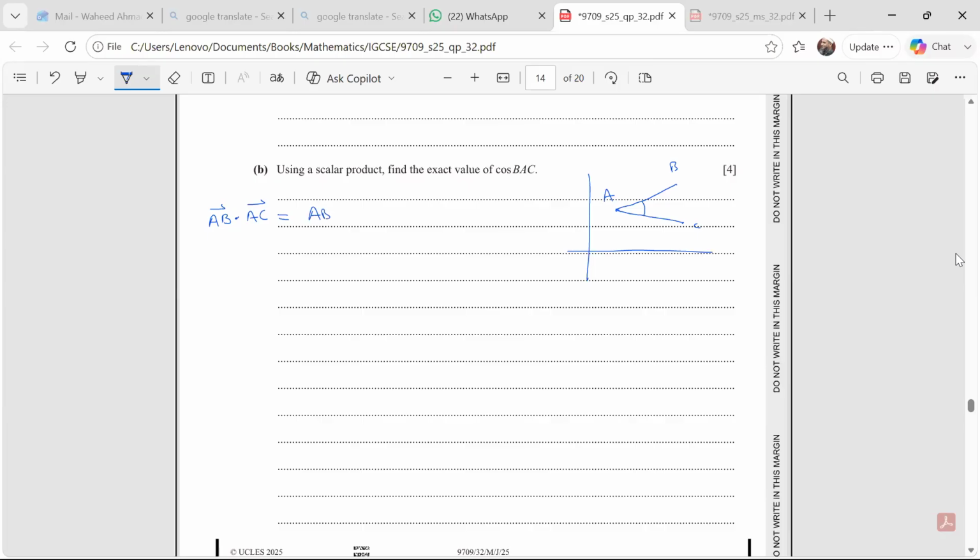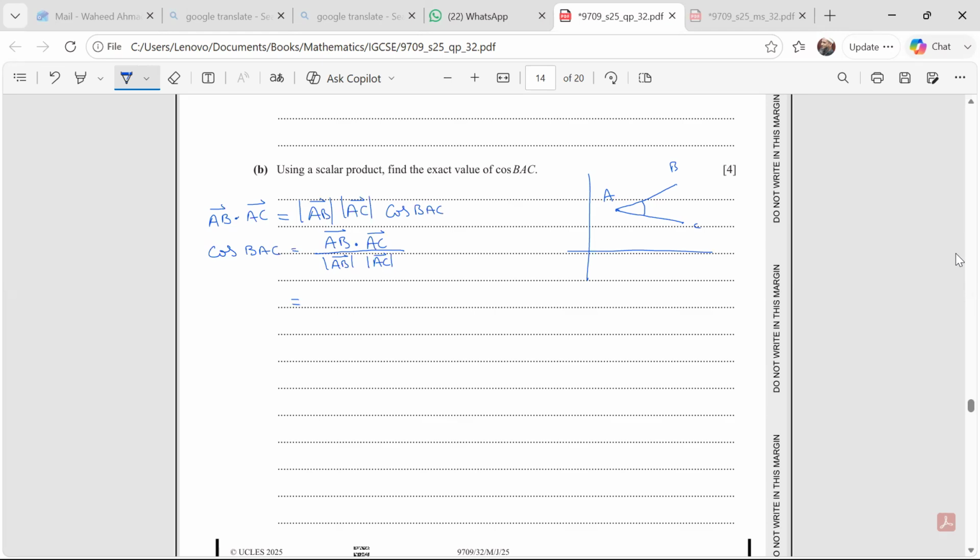So the cosine is equal to AB dot AC divided by the magnitude of AB times the magnitude of AC.